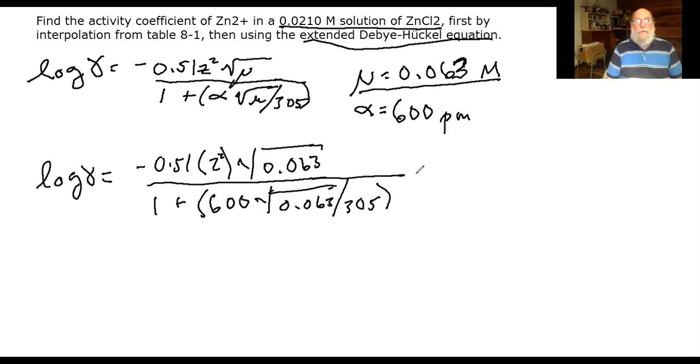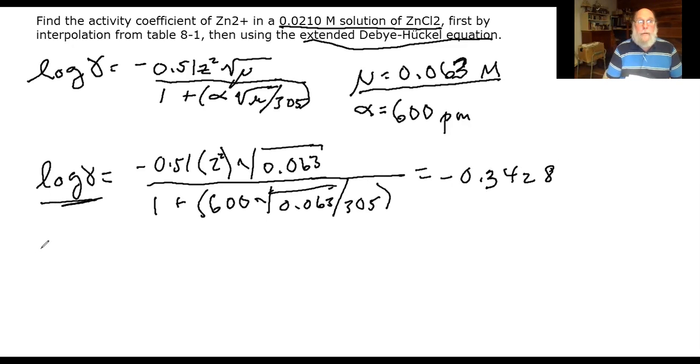Plug and chug on your calculator. And so log gamma is equal to negative 0.3428. And it's really easy to forget that that's the log of gamma.